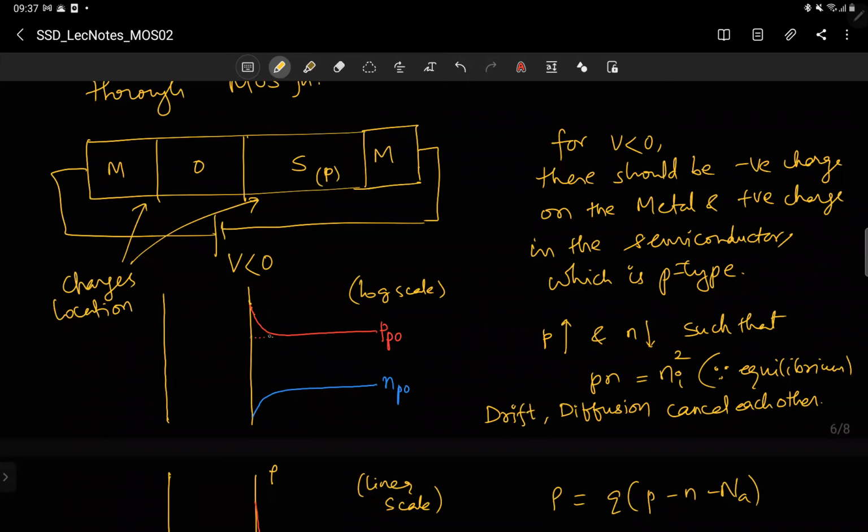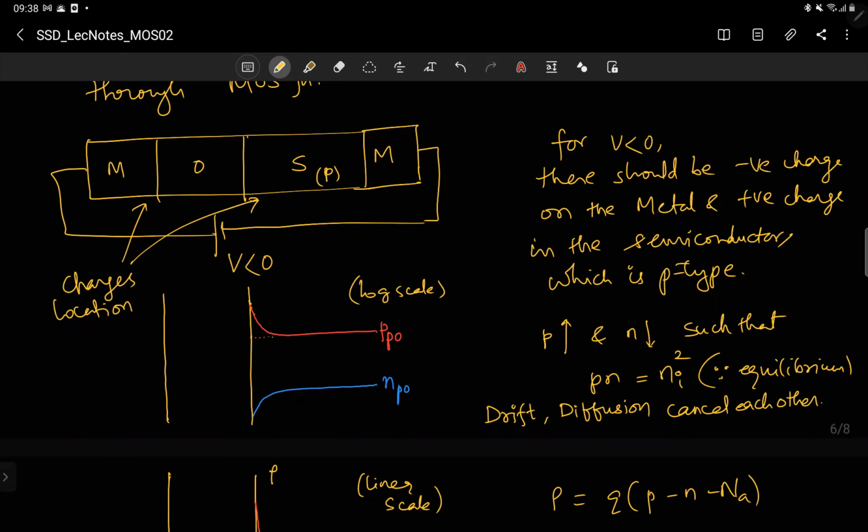From here onwards we'll draw a lot of curves, so just pay attention. Positive charge in a p-type semiconductor can only come from holes, so the hole concentration has to go up here. That's how positive charge can come. If the hole concentration is increasing towards the surface, then the electron concentration should be decreasing towards the surface.